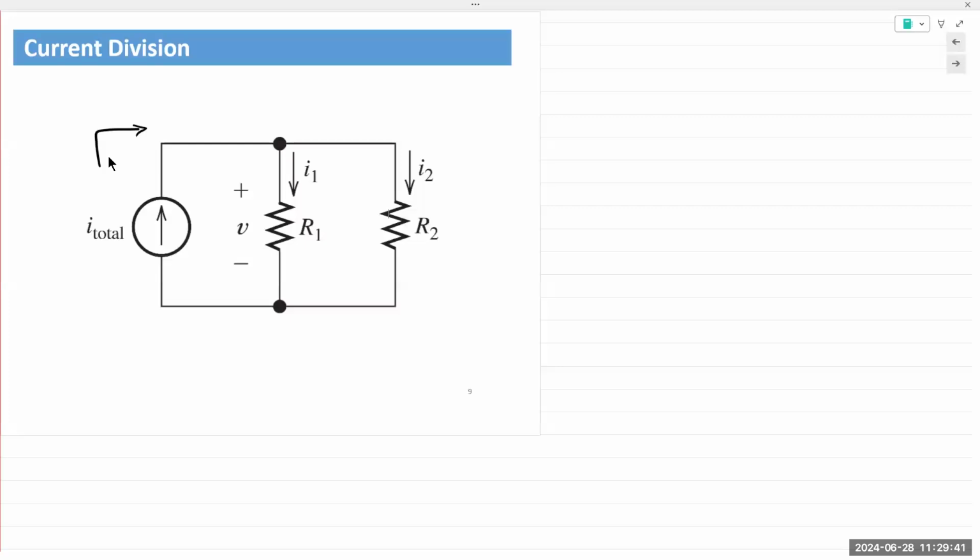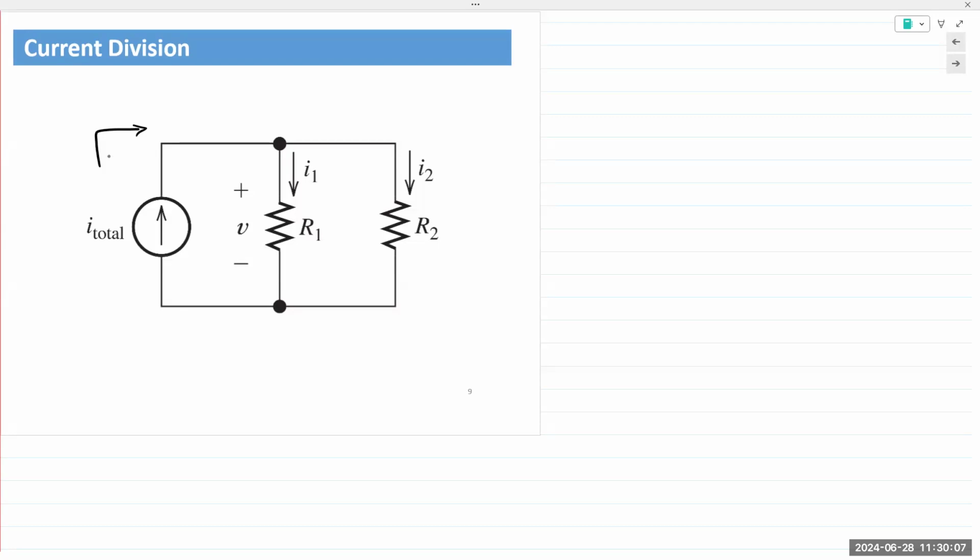But the principle is the same or similar to voltage division. When you have a current flowing through a parallel network of resistors, the current gets divided between the parallel branches, and a fraction of that total current appears through each resistor or through each branch.